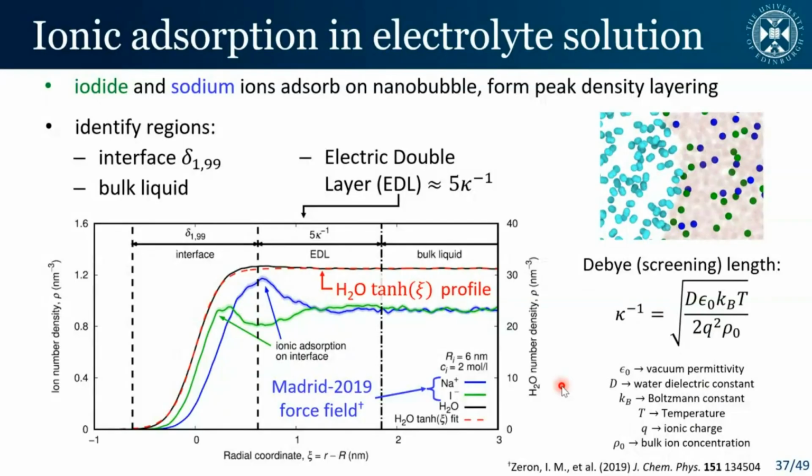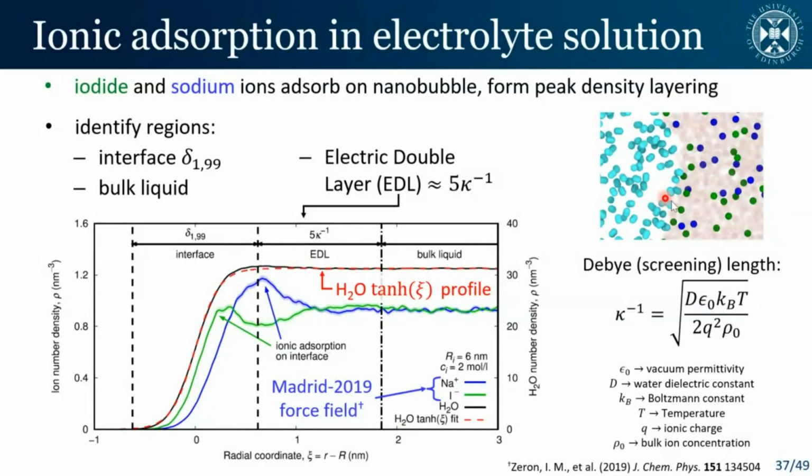What we found was a little bit surprising at first. I was admittedly skeptical of this theory, but we did find that sodium and iodide ions in solution did absorb onto the nanobubble surface. So we're looking at the liquid density side. This is the interfacial region of the liquid-gas interface, where we have this non-equal variation in sodium and iodide ions.